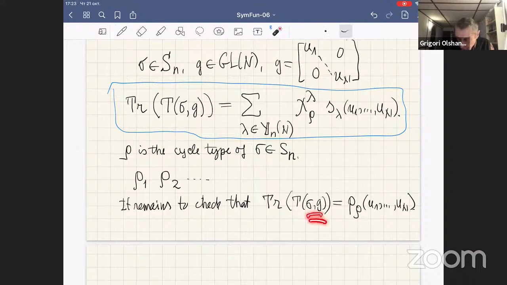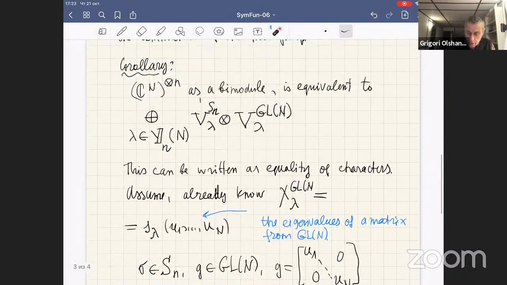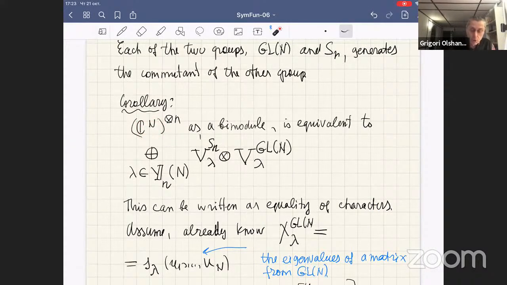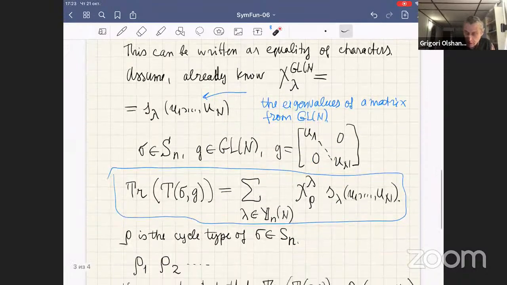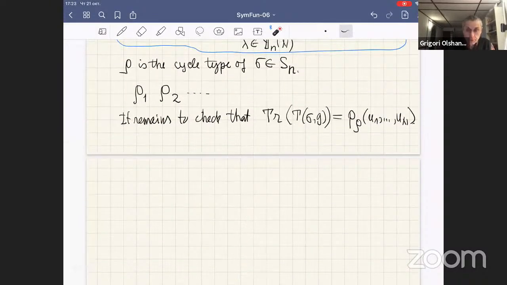This element acts on each copy, and next we have a commuting action of permutations. So this is a certain operator. It's easy to write explicitly its action, a diagonal matrix times a permutation with a known cyclic structure. And from this, one can deduce that the trace of this matrix, and I would like to emphasize that this action is well compatible with the natural basis in the tensor space, is exactly this object.